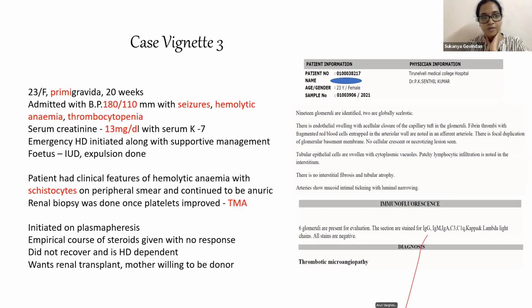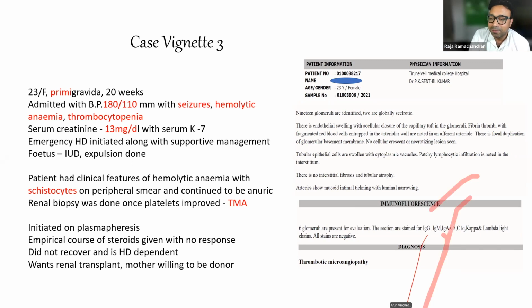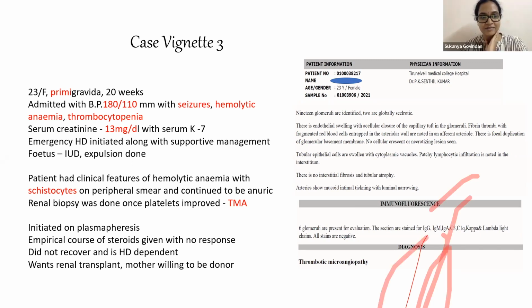Is it okay if I make an additional comment, Sukanya? Please, sir. 80 to 90% of patients with anti-CFH antibody would have a CFHR1-3 deletion, so you would have a deletion in most of them. Sukanya makes a very important point.